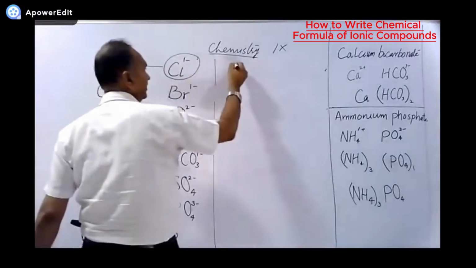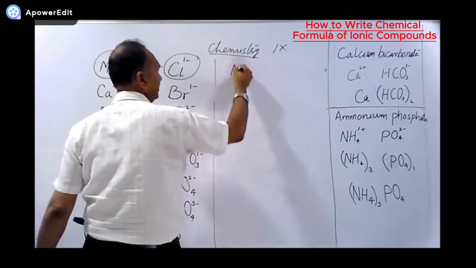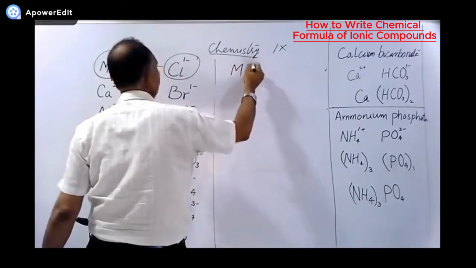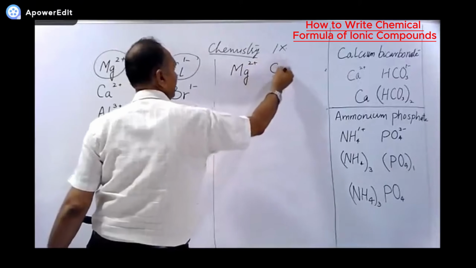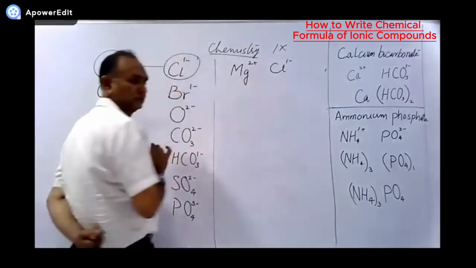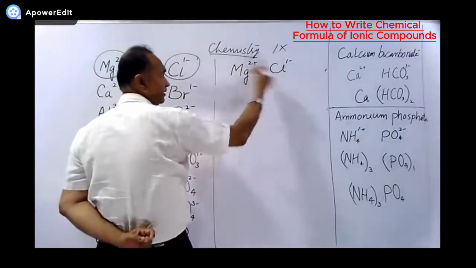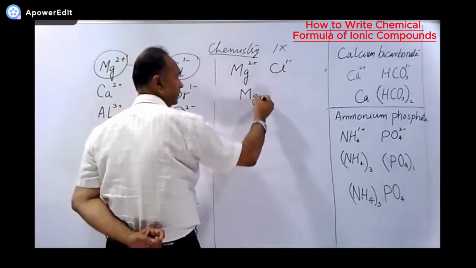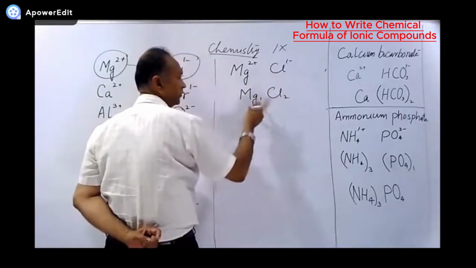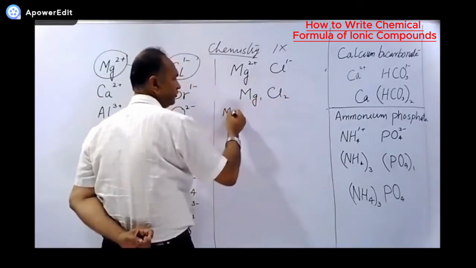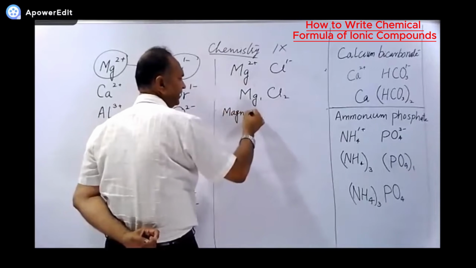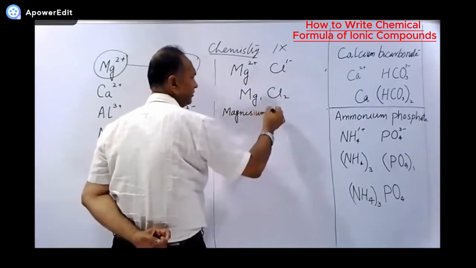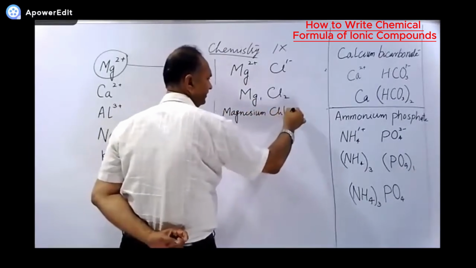So I write here Mg 2 plus, Cl minus, transferring the numbers. Its name you will have to write in the end. Its name is magnesium chloride. That's it.